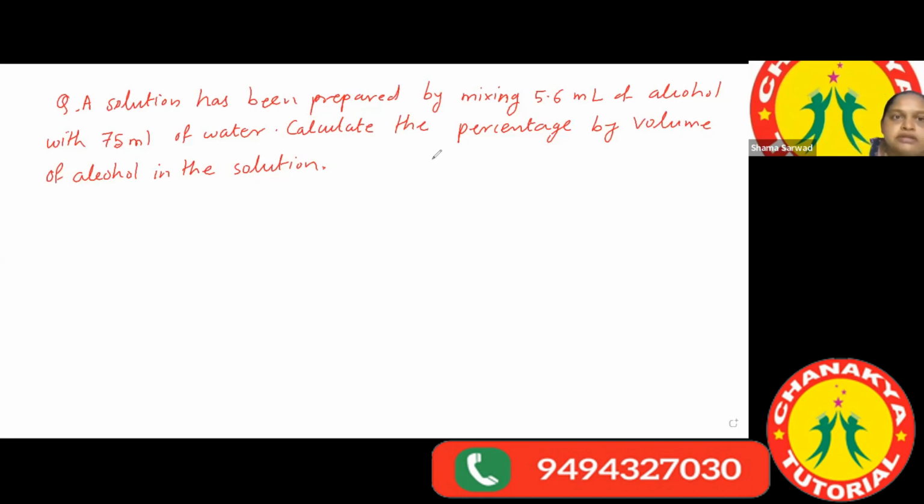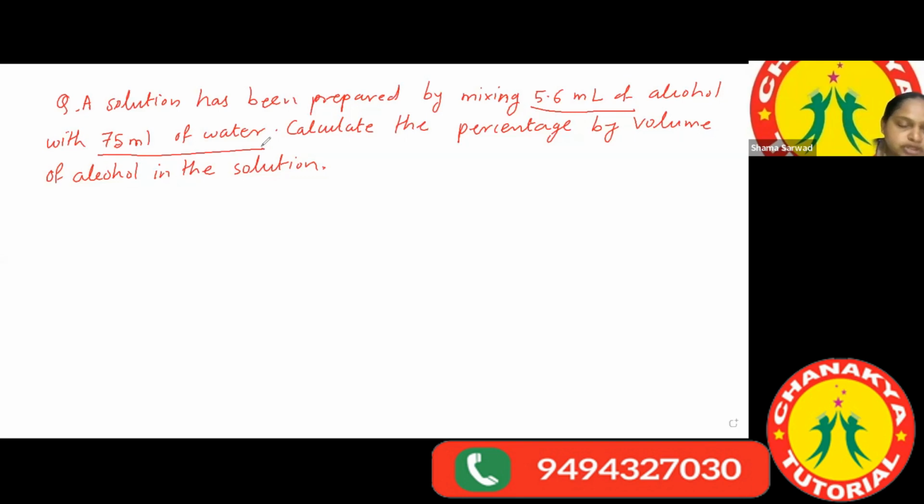So here, a solution has been prepared by mixing 5.6 ml of alcohol. This is the volume of solute, and 75 ml water is the volume of solvent. You can calculate the volume of solution by adding both. Percentage by volume is equal to volume of solute upon volume of solution multiplied by 100.